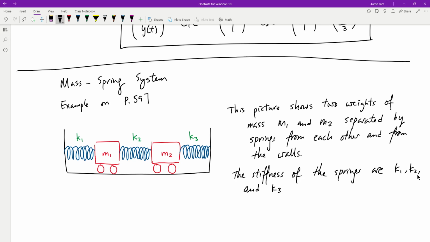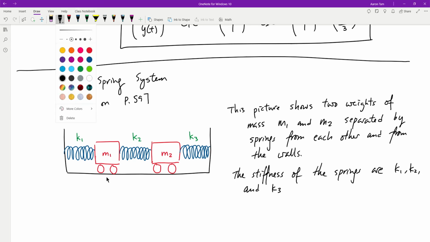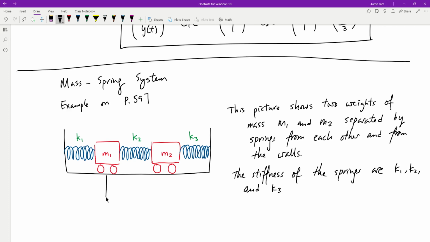Okay, and the idea is that each of these has an equilibrium position, which I'm going to define to be right here. So I'm going to say this is the equilibrium position for mass 1. And let's say somewhere over here is the equilibrium position for mass 2.